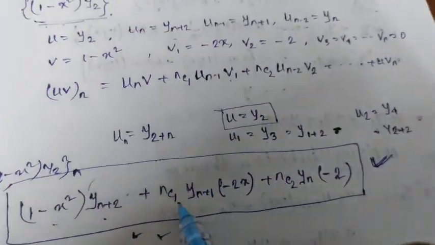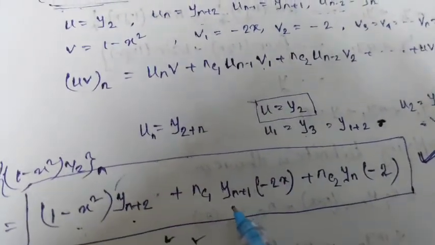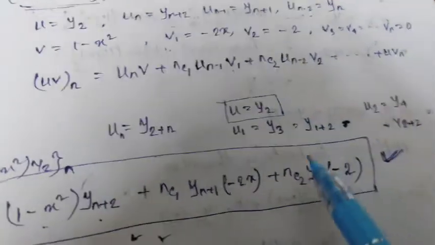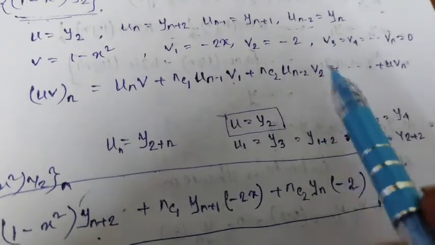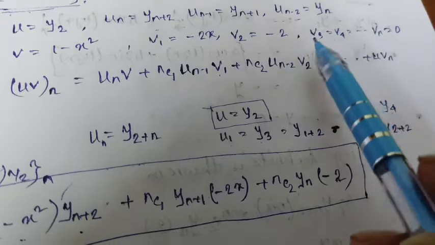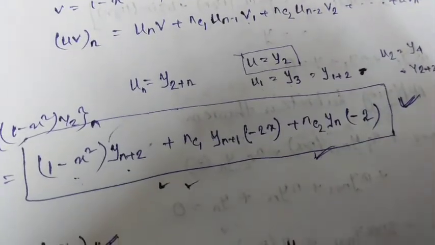Then nC1, un−1 that is yn+1, and v1 is minus 2x, plus nC2 un−2 that is yn, and v2 is minus 2. Since all the terms from v3, v4 up to vn are 0, we stop here.